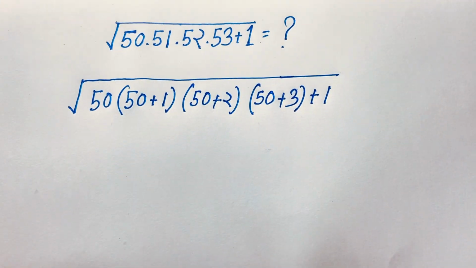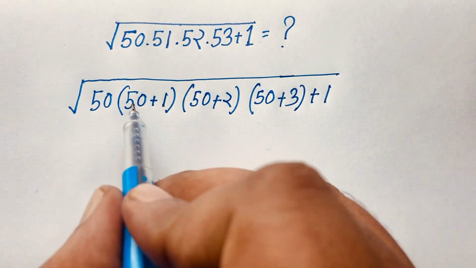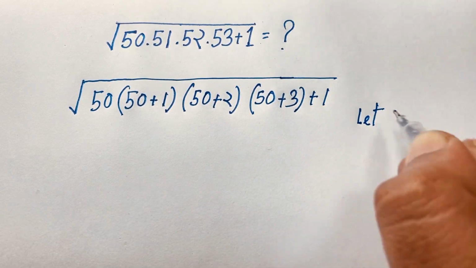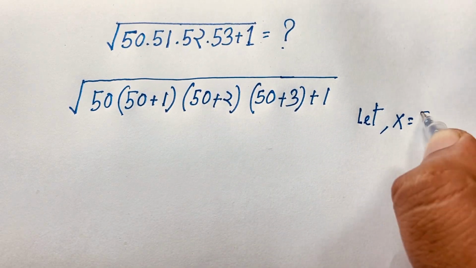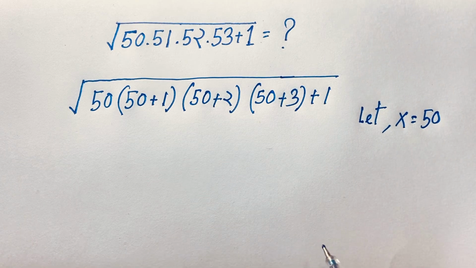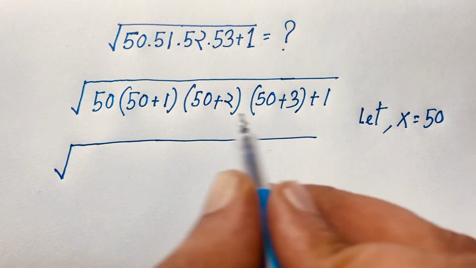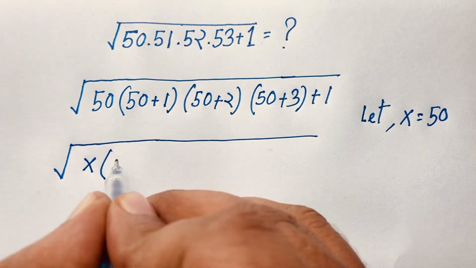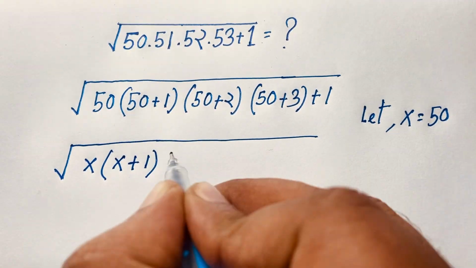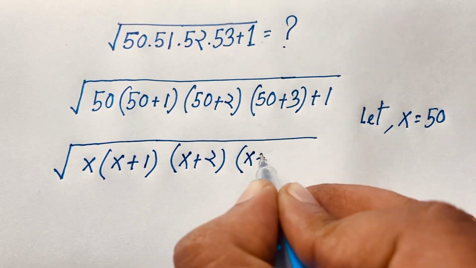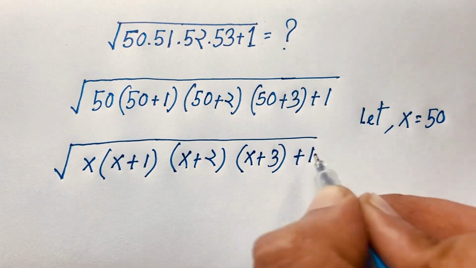Now at this moment, this is 50, this is 50, this is 50, this is 50, so let x be equal to 50. Then it will be the square root of x times x plus 1 times x plus 2 times x plus 3, plus 1.